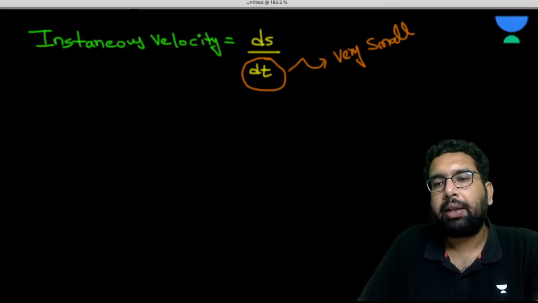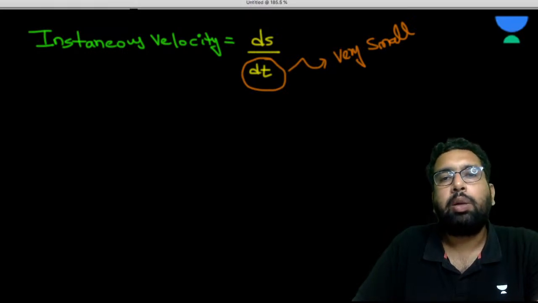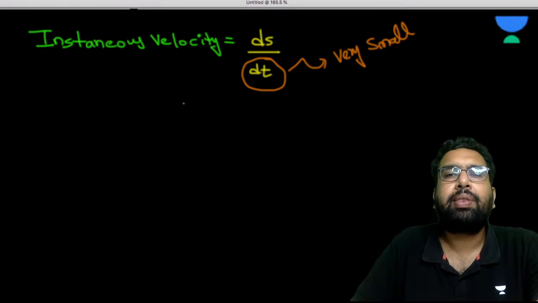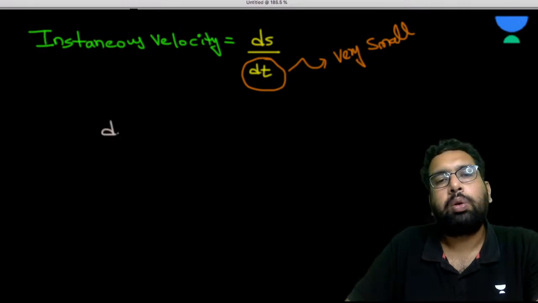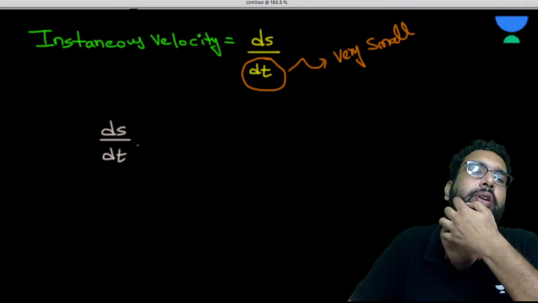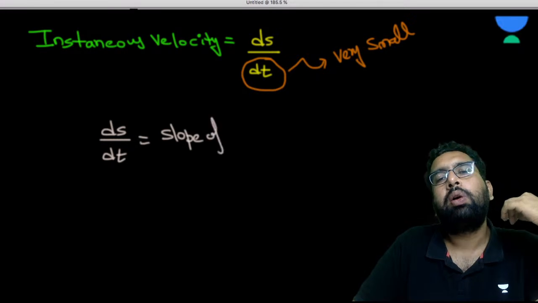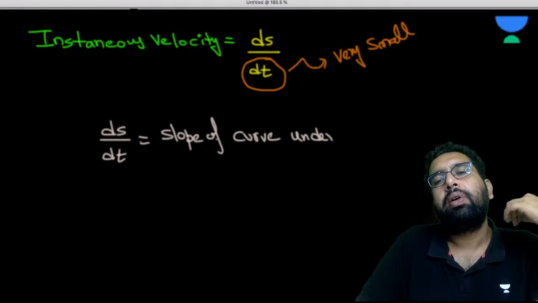Now, let's understand this. Instantaneous velocity is given by ds by dt, and dt is very small. So what is ds by dt? If you have watched that session of differentiation, basically ds by dt is the slope of the curve under displacement versus time.